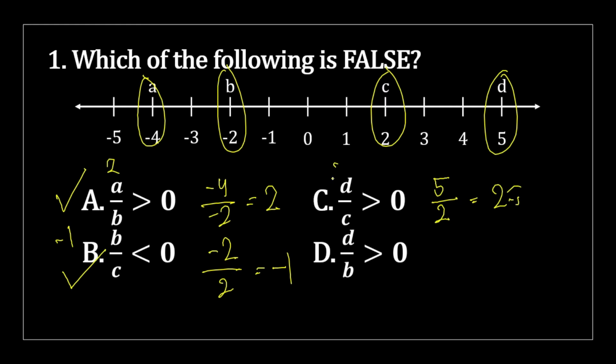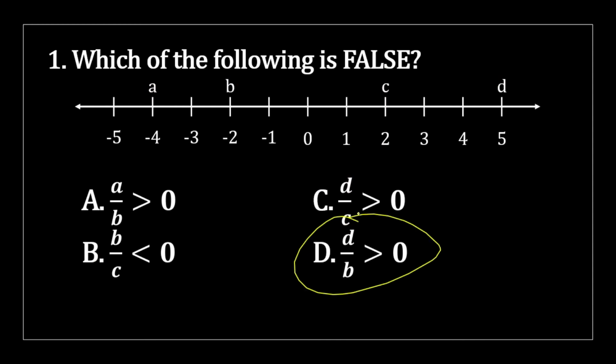So therefore 2.5 is greater than 0. So C is correct. On letter D, we have 5 divided by negative 2. This would be negative 2.5. Negative 2.5, a negative number, should be less than 0. So our answer for this problem is letter D.